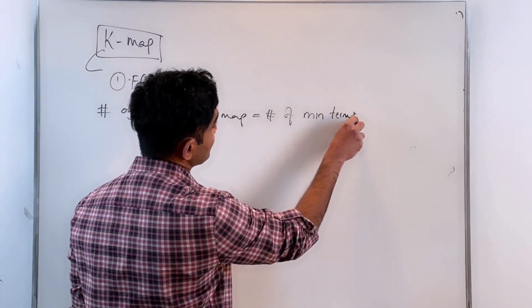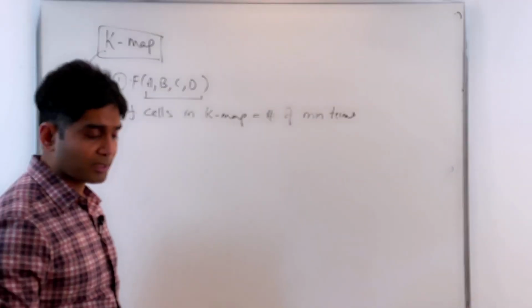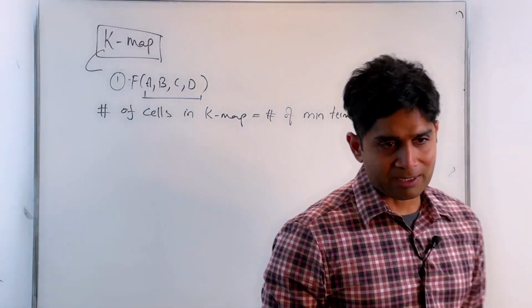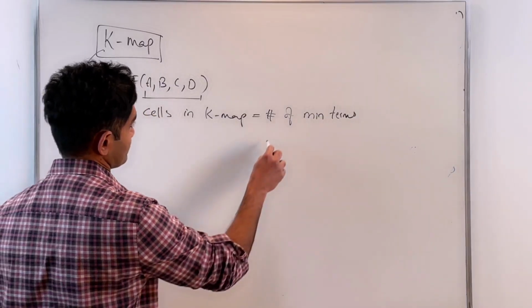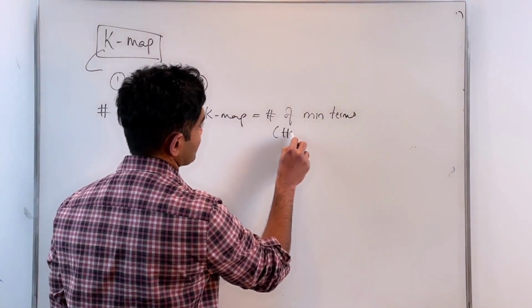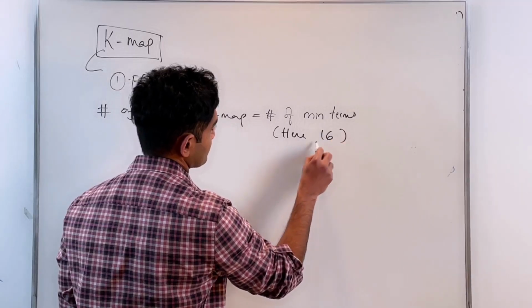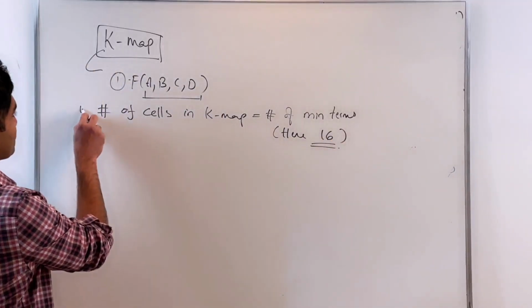That means in this case, if I have a function with 4 variables, I would have the number of cells equal to 16. Okay, so that's the first step.